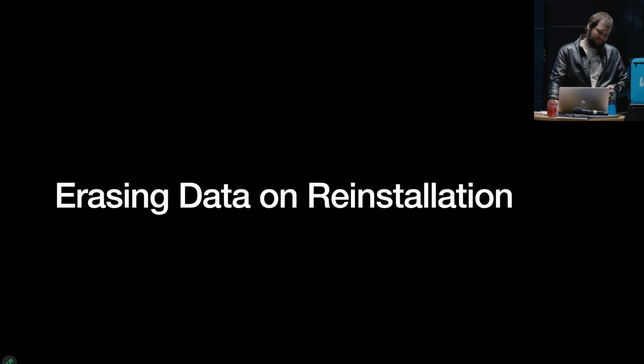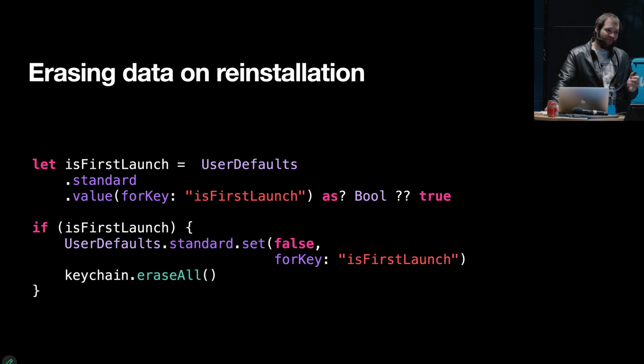And one of the cases that I often see with a keychain is the erasing data on reinstallation. As you know, Keychain does not erase the data when you reinstall the app. And that usually causes a lot of problems for beginner developers and for more professional developers as well, even who know that. They use some concept similar to this.